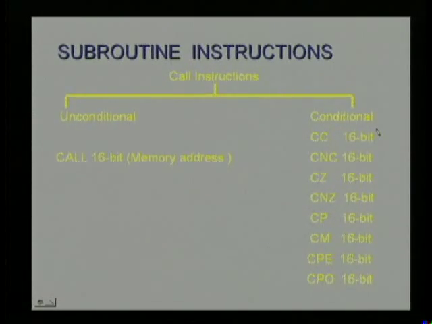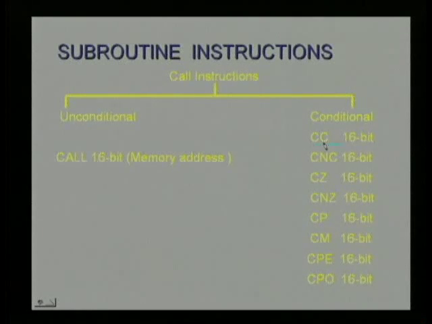Whereas in conditional instructions, we can make use of the status of flags. Except auxiliary carry, all flags are used. For example, this CC 16-bit, you can see this is a 3-byte instruction. All call instructions are 3-byte instructions. First byte will be opcode and next 2 bytes, that is 16-bit operand, will be stored in 2 memory locations. Hence, it is a 3-byte instruction.